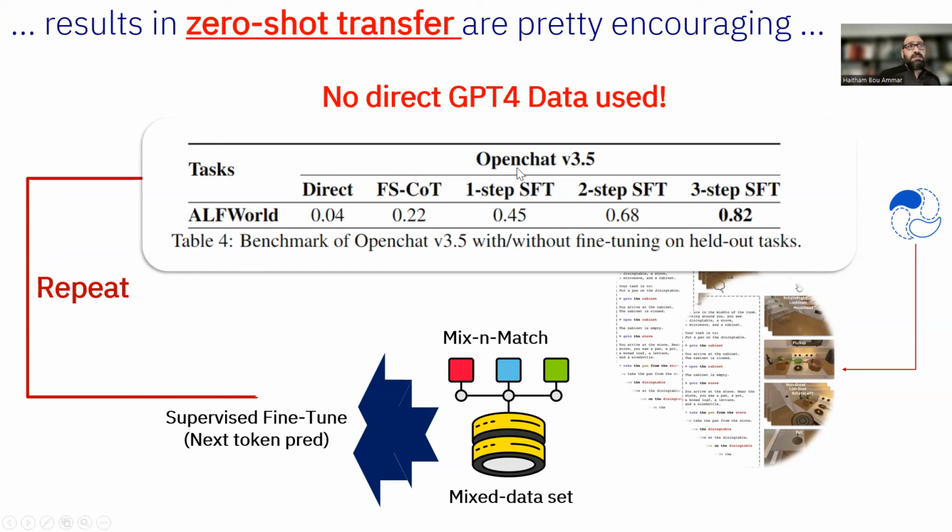We are using an open source model, OpenChat v3.5. We compare this different order nesting mix and match against direct prompting and few-shot CoT. What you can see is that after the first step of this repeat loop, we get to 45% success rate. Second step, 68%. And after 3 steps, 82% success rate with OpenChat version 3.5.